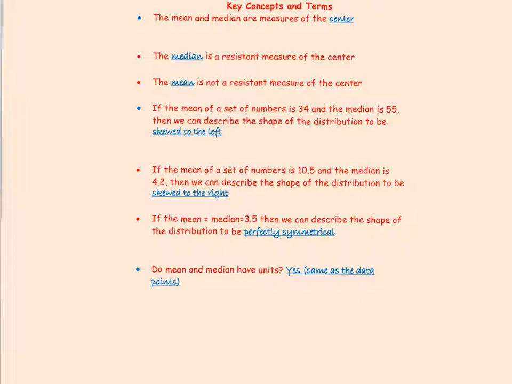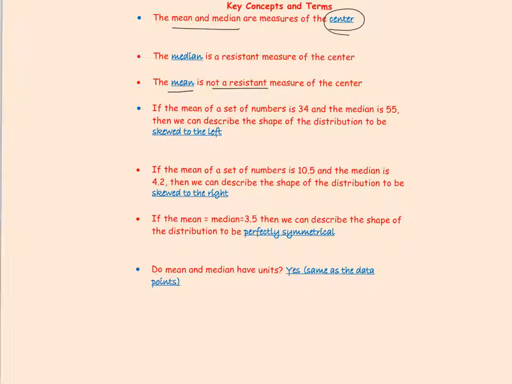So the median and the mean both measure the center. The median is resistant because it doesn't get affected much by the outliers. The mean, however, is not resistant because it gets pulled in the direction of the skew.